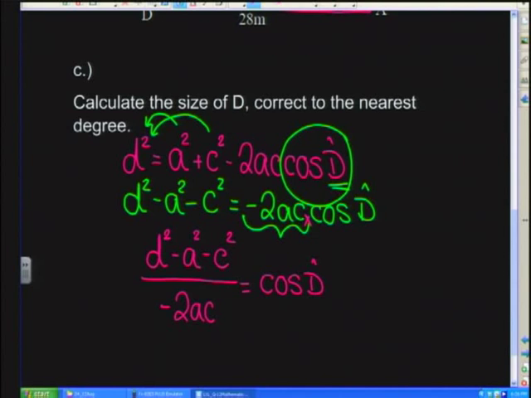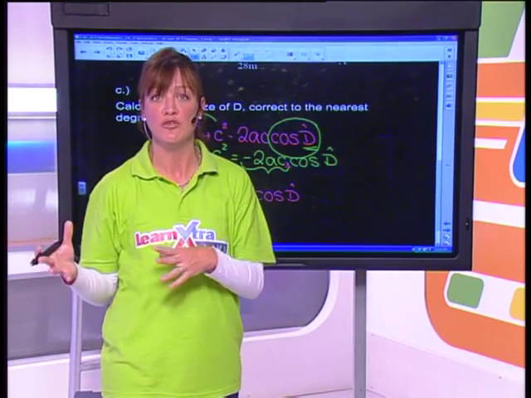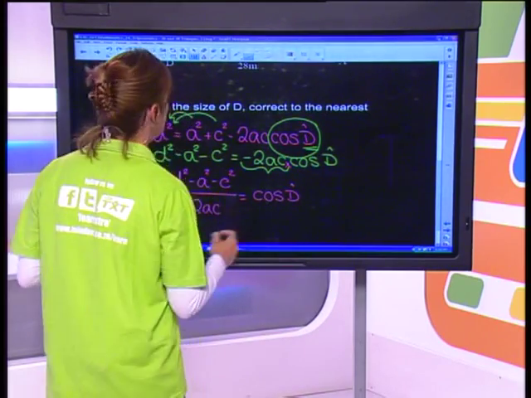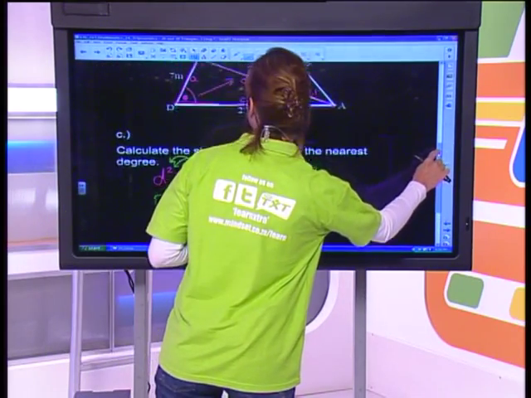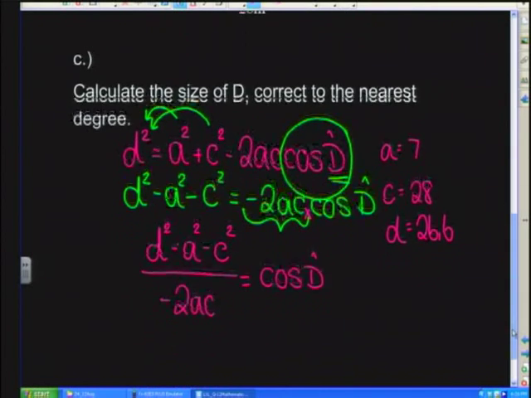Grade 12s, all I've done is rearrange the normal cos rule formula. Now that we've done that, let's substitute in what we've got. Let's quickly write it over here so we don't have to keep moving it. A was 7, C is 28, and D was 26.6. So let's sub that in.